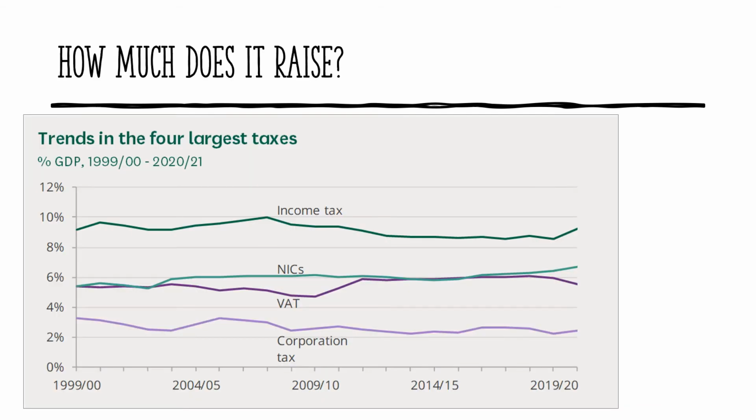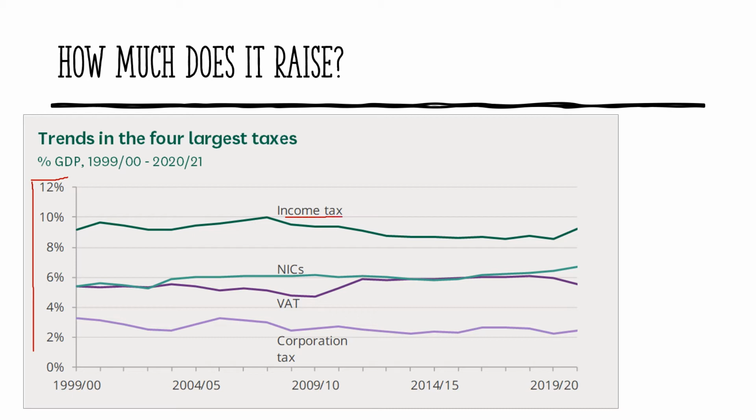Okay. How much does it raise? You can see on the left there, the chart shows as a percentage of GDP, so as a percentage of the UK economy overall, how much these different taxes are raising. You can see at the top, income tax bobs around 10% of GDP.